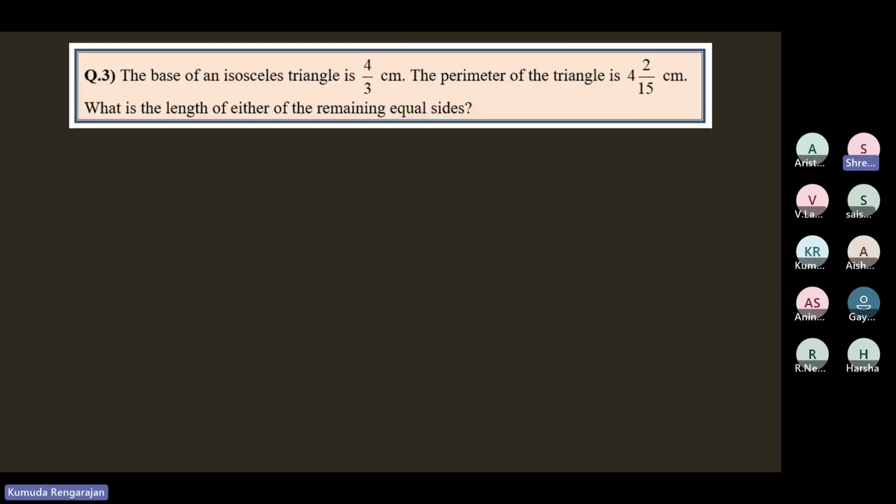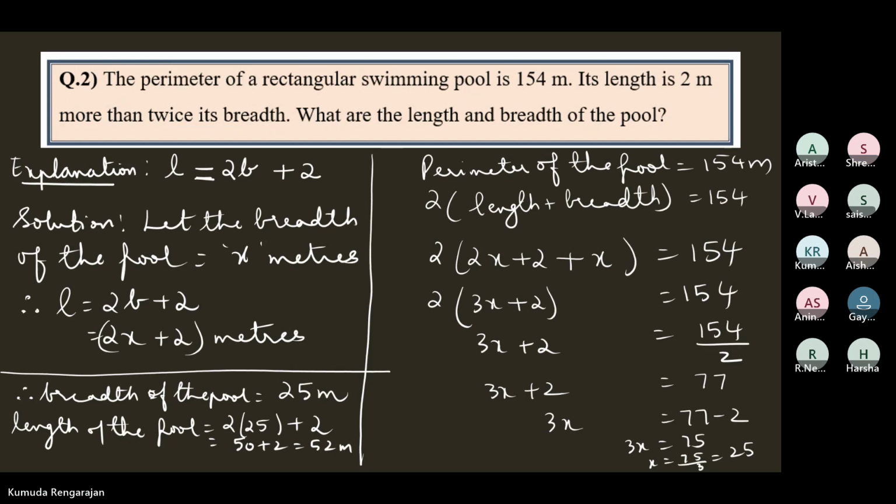Ma'am, please give me a minute, ma'am. No, once we understand, children, you just have to write from the screen. So that shouldn't be taking this long. Done, ma'am. Thank you, ma'am.